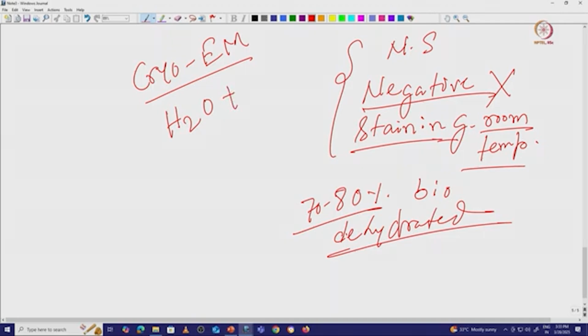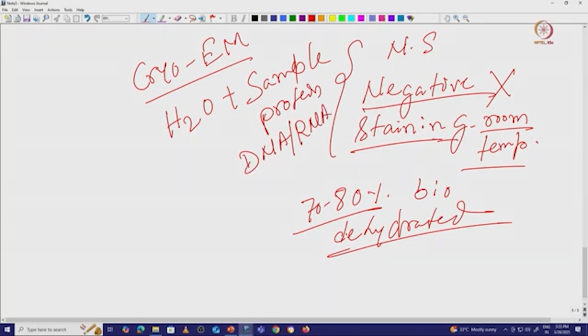The sample may be your protein, your DNA, your RNA, or a DNA-protein complex or RNA-protein complex, and all of that has carbon, hydrogen, nitrogen, oxygen, and sulfur. Those are the components, and they will stay in the water.